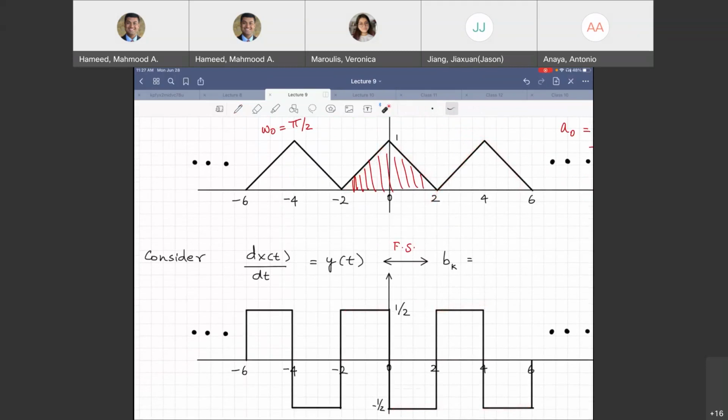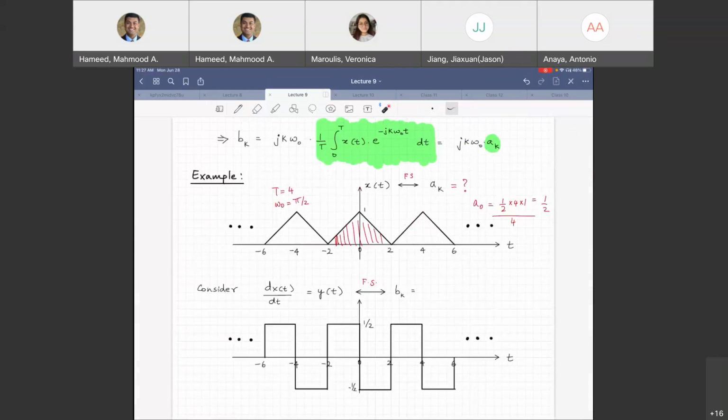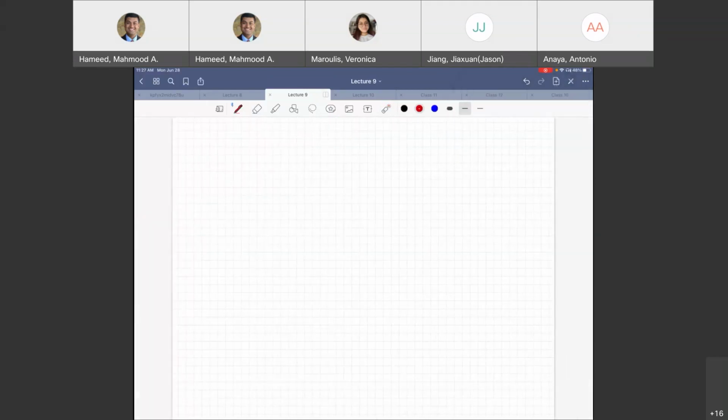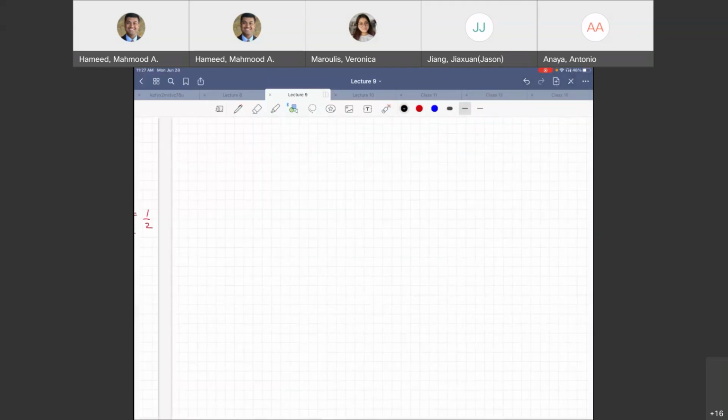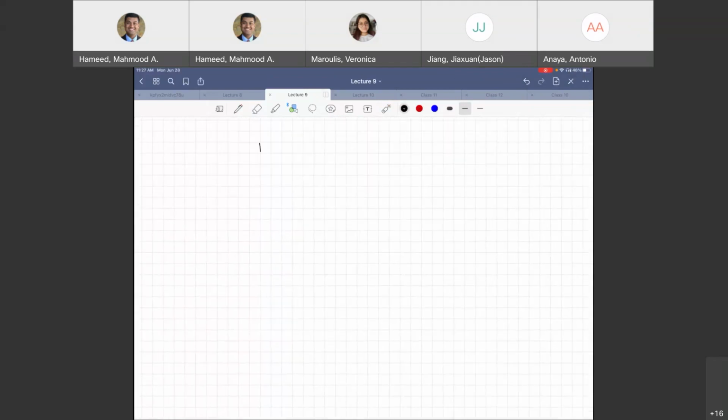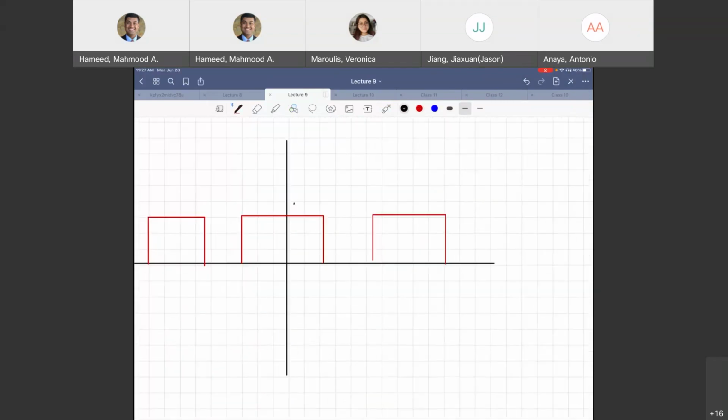Our standard form is somewhere else. Let's see. What is our standard form? Our standard form is this. Somewhere like that, right? So this is 1. This is t1. This is negative t1. This is 0. This is T, right?